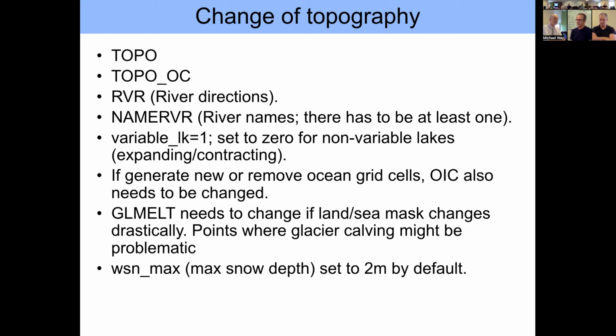You have to set the WSN max equal to 0, and you have to let the model accumulate snow where it wants, because there is nowhere to put this excess snow, because your GL melt arrays cannot be defined in a non-ocean scenario. So keep that in mind. Mistakes like this have been made even in-house. People get forgetful about some of these parameters in the model because, as you've seen, there are many parameters in this model. These models are very complex.